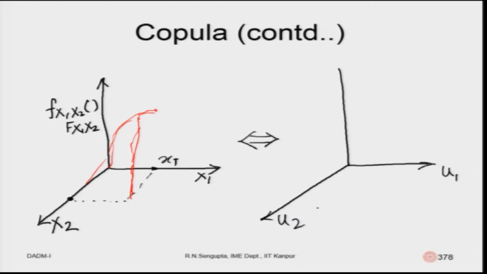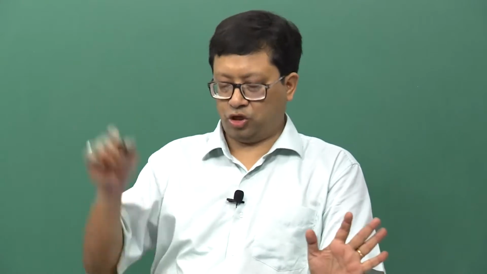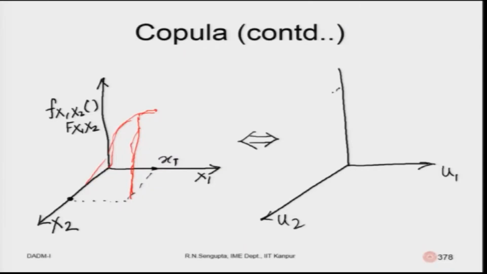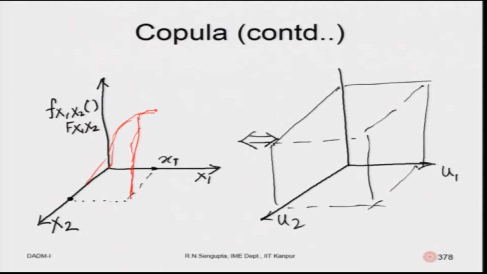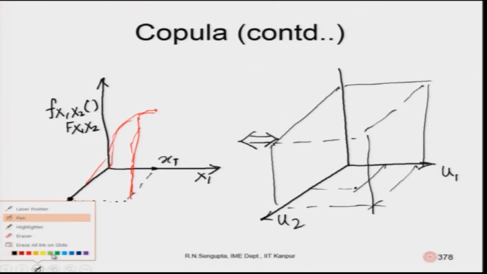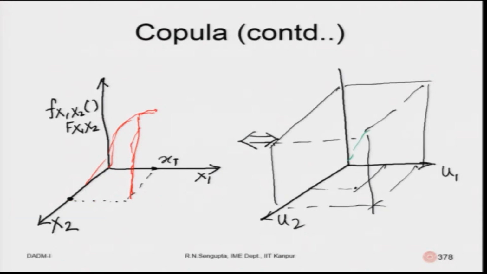Now, this will be in the continuous case where u1, u2 are between 0 and 1, it will be a cube of dimension 1 cross 1 cross 1, maximum value 1. I am just drawing the cube first. So, this would basically have some u1, some u2 and the value, the discrete case would be somewhere here, consider.